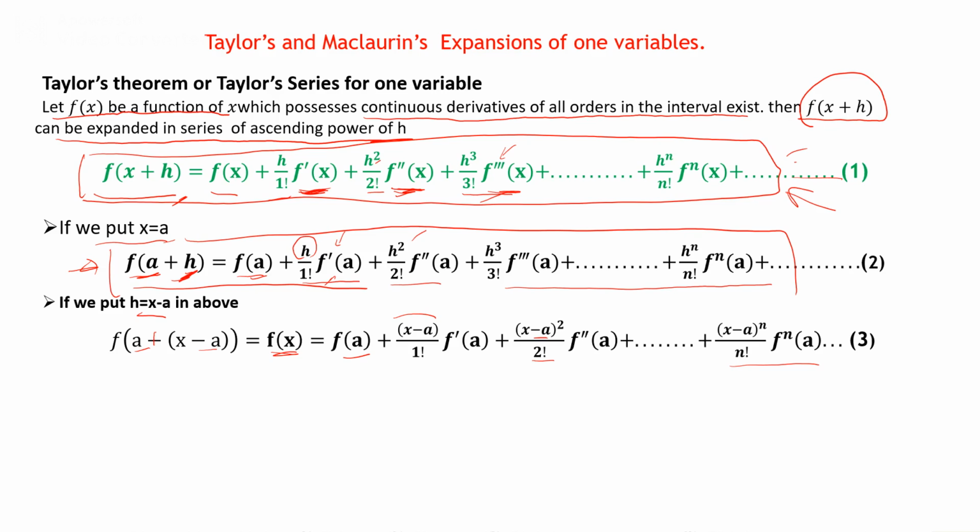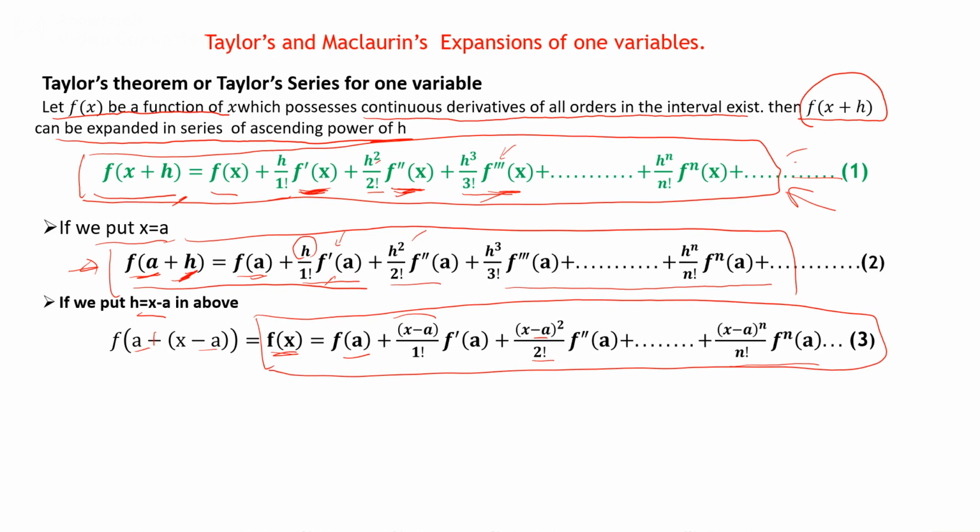So there is one more expansion of the Taylor series, and this equation third we use when we want to expand a function in terms of some factors. So we use that series.